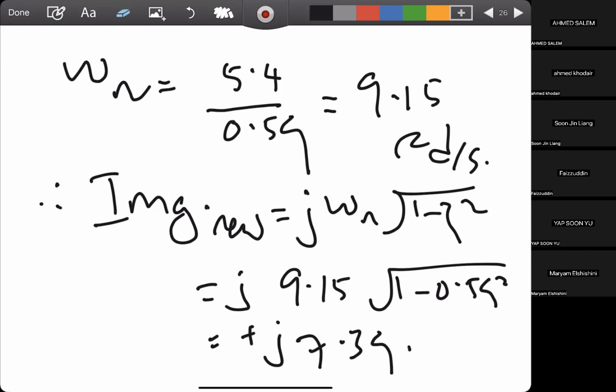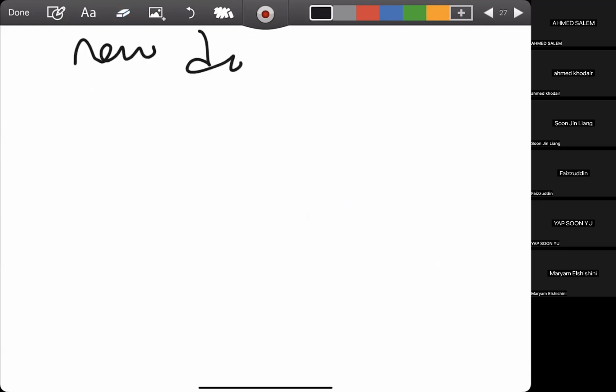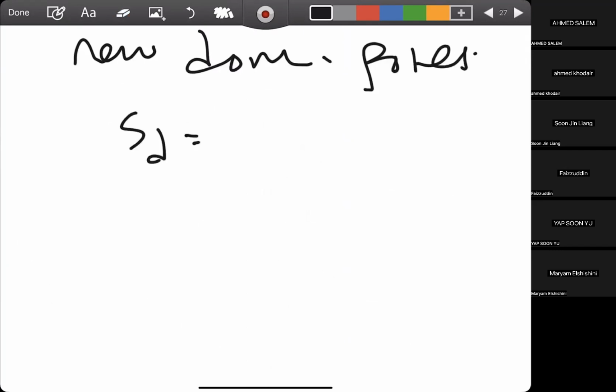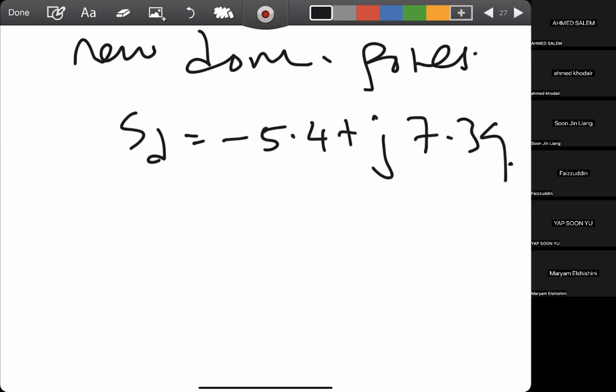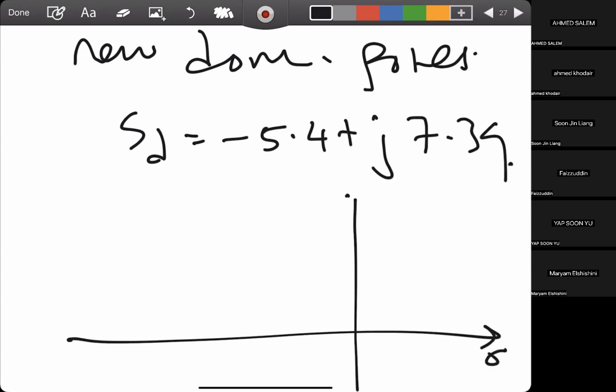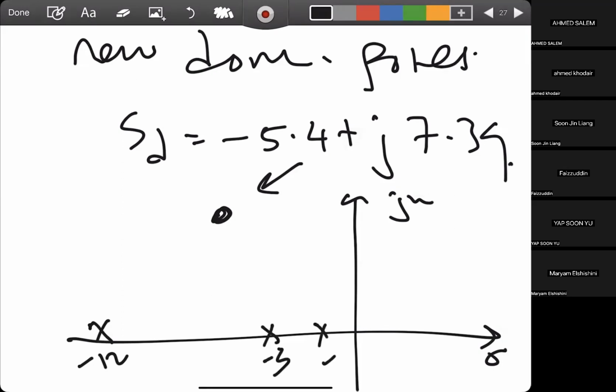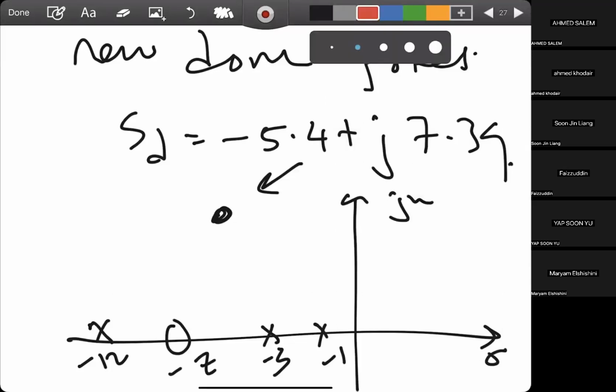So our new dominant pole is minus 5.4 plus j7.39, which is located on the S-plane somewhere here. And then this is your minus 12. This is your minus 3. This is your minus 1. And this is the zero that you want to calculate.